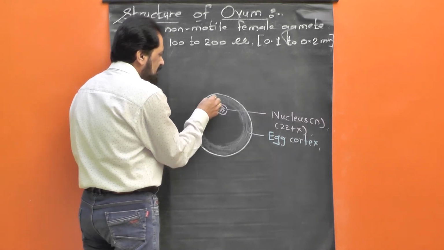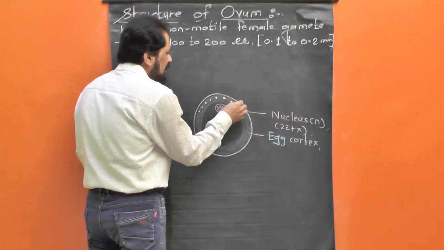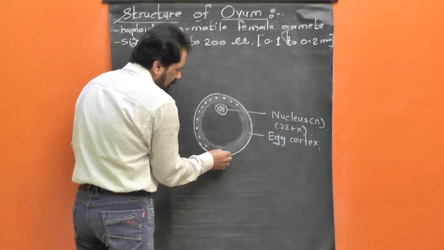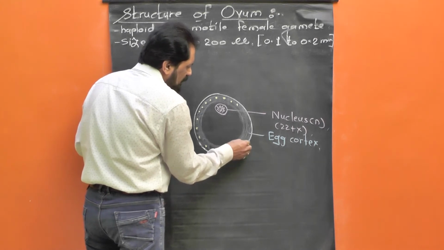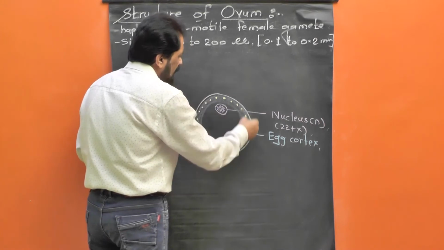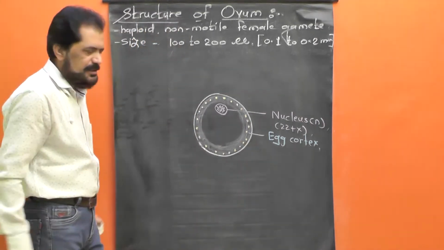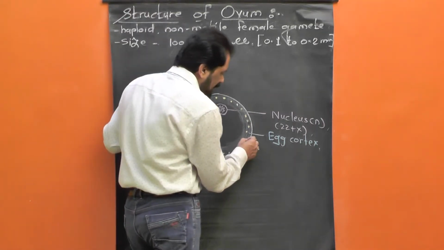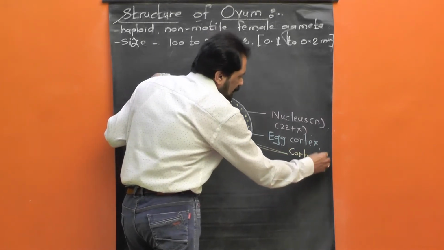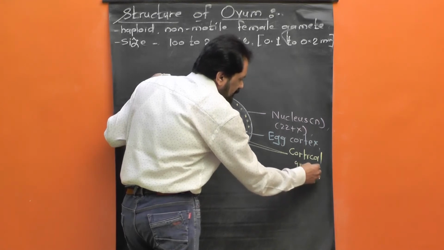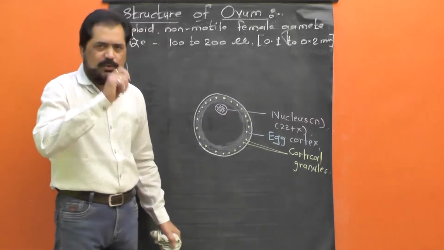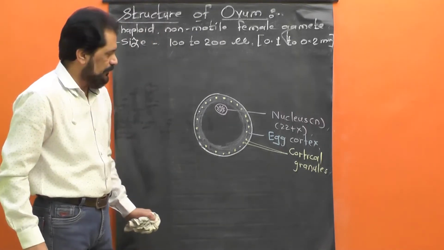Actually, we can say these are very small granules or tiny vesicles present in this egg cortex. These tiny vesicles are known as cortical granules. What is the significance of these cortical granules? That we shall study in our next topic, that is fertilization.